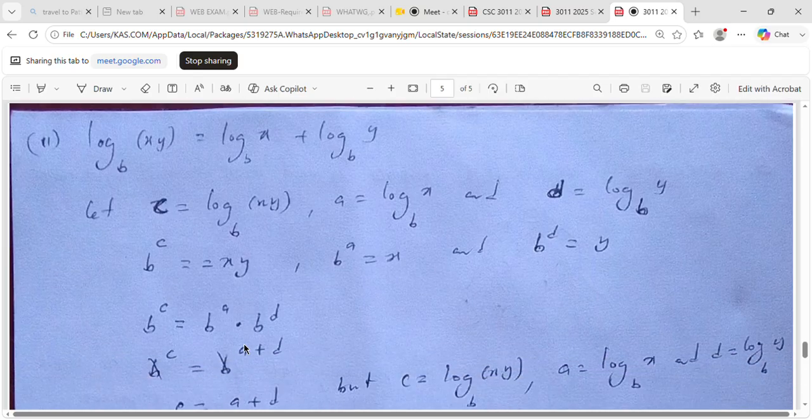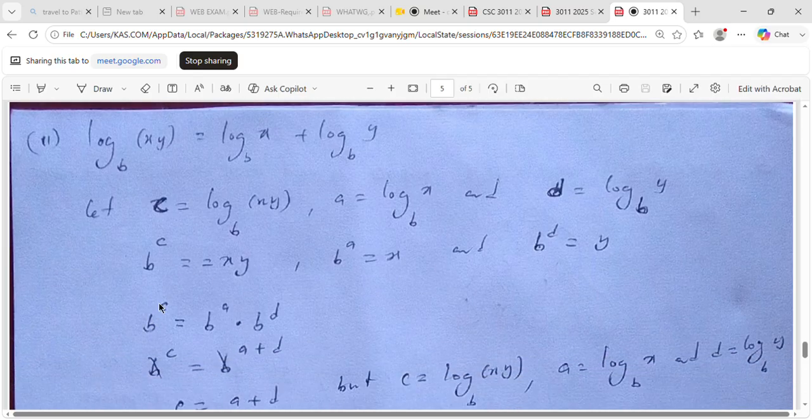You have b to the power c is equal to xy. But what is x? The goal is to make this x the subject of the formula and this y the subject of the formula. The x is b to the power a, so wherever there is x, there is b to the power a. But that's multiplication. You multiply there. Y is b to the power d.